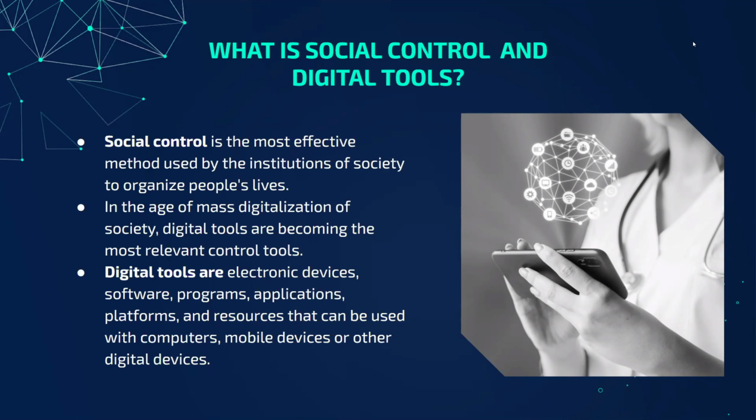In the age of mass digitalization of society, digital tools are becoming the most relevant control tools. Digital instruments are broadly understood to include electronic devices, software, programs, applications, platforms, and resources that can be used with computers, mobile devices, or other digital devices.